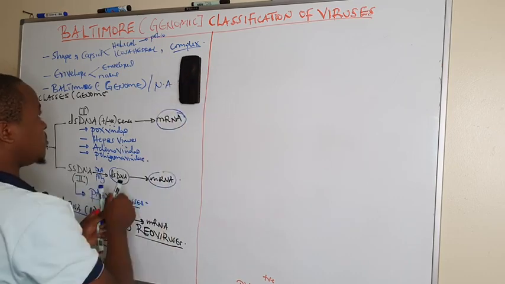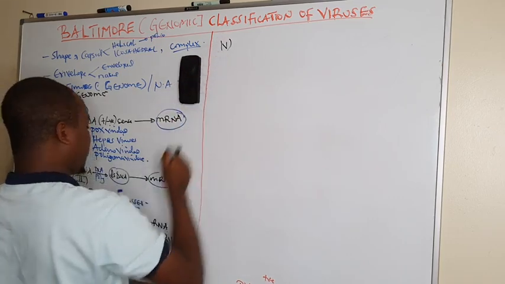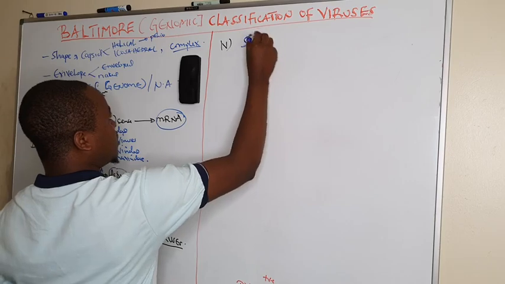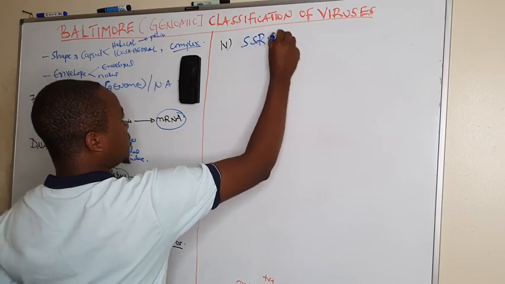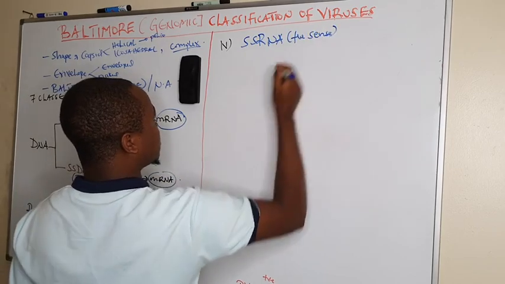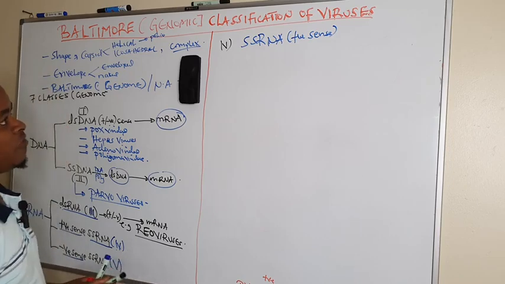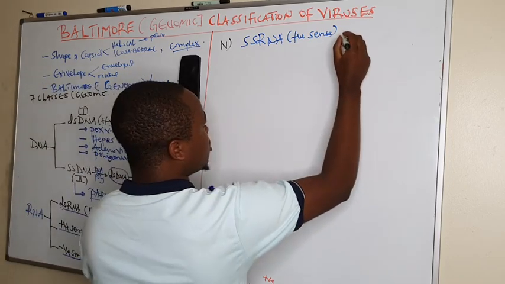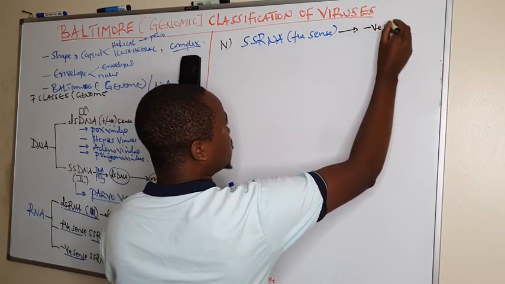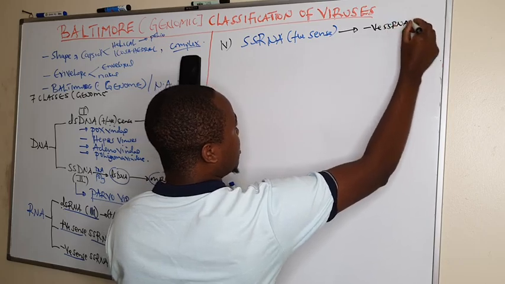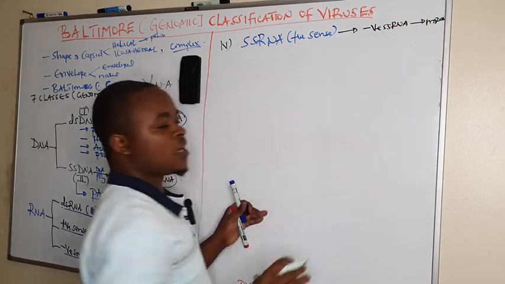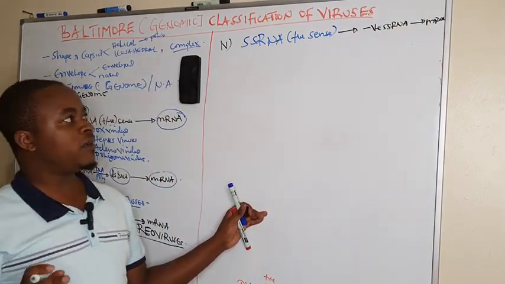So class number 4 is single-stranded RNA with the positive sense. And because they have a positive sense, to replicate they are first converted to negative sense single-stranded RNA and then converted to messenger RNA using RNA-dependent polymerase.